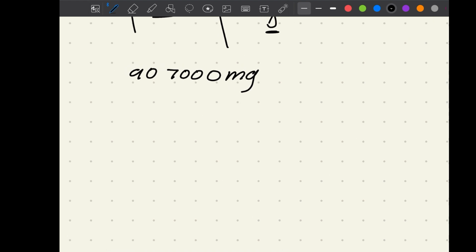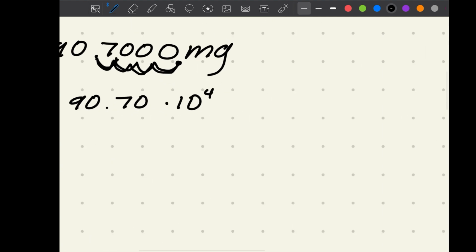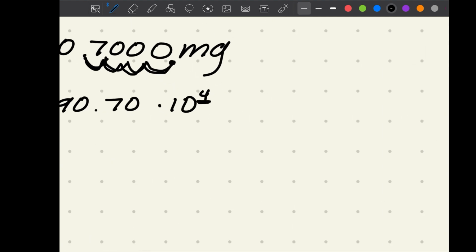We can write this in scientific notation, which is 90.70 times 10. Since we put a decimal right here, we count from right here all the way to right here and see how many decimal places we jumped. That's 1, 2, 3, 4. Since we jumped 4 decimal places to the left, our exponent will be positive.